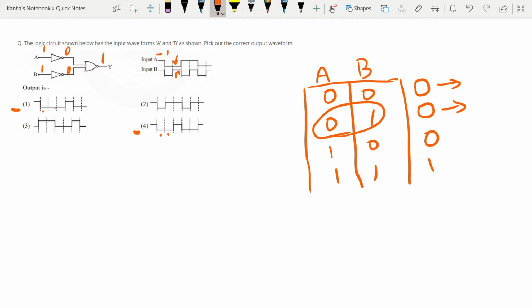Moving further, at the third point my A is 1 while my B is 0. I should get an answer as 0. I get 0 in this case, but I do not get 0 in the other case. So that is why A is the correct answer.